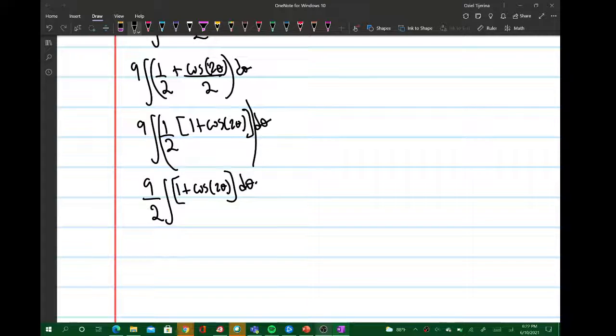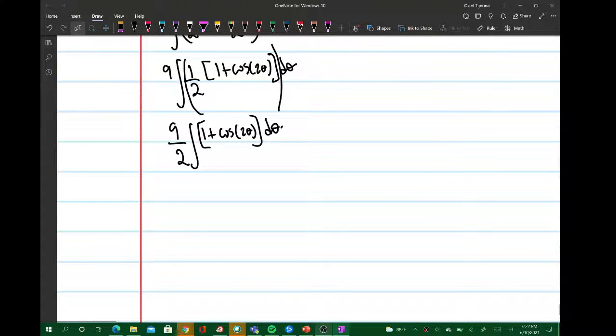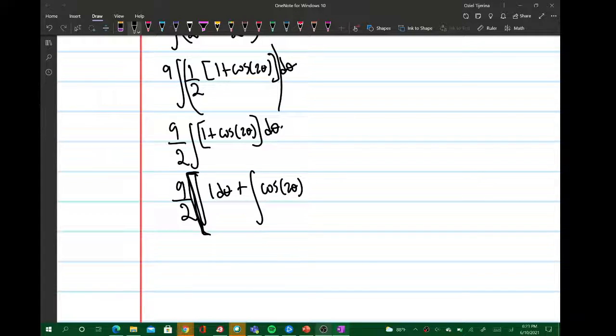Now go ahead and take the integral of 1 plus cosine of 2 theta d theta. So basically you're going to have 9/2 times the integral of 1 d theta, and let me put some brackets here, because you're multiplying the 9/2 all the way, plus the integral of cosine of 2 theta d theta.